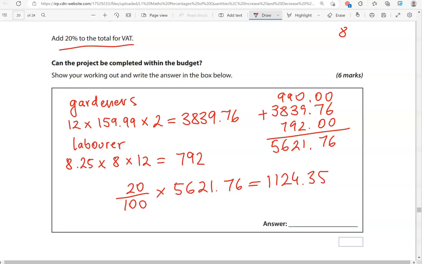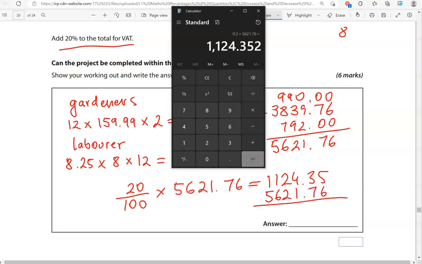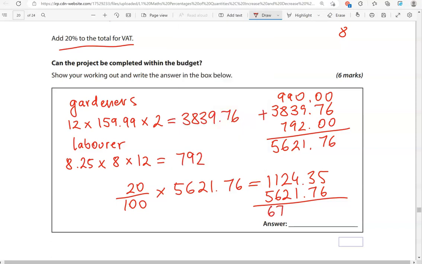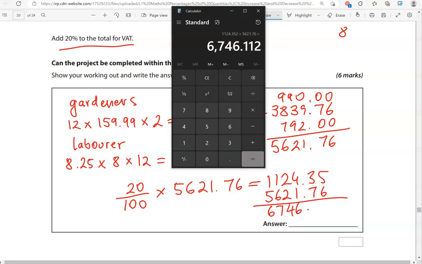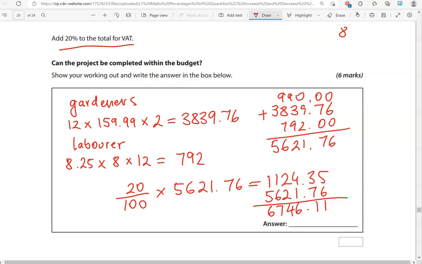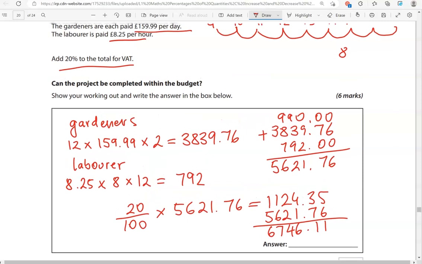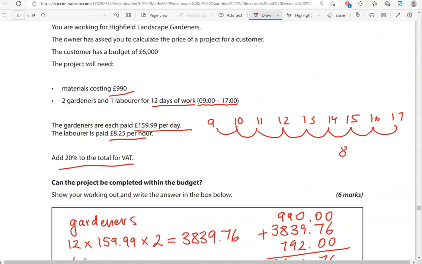So that will need to be added on top of £5,621.76. And that gives us £6,746.11. Is that within the budget, which is £6,000? No.